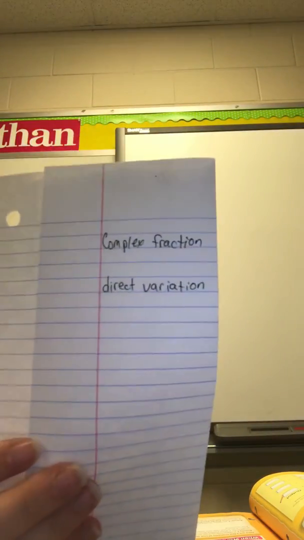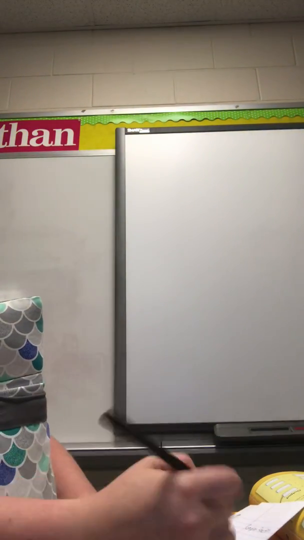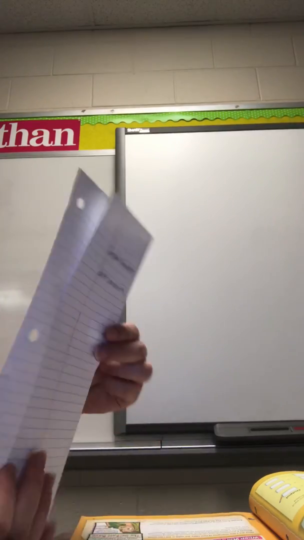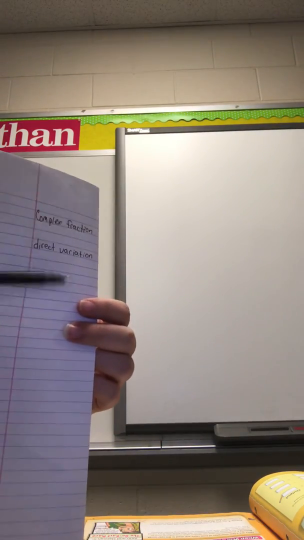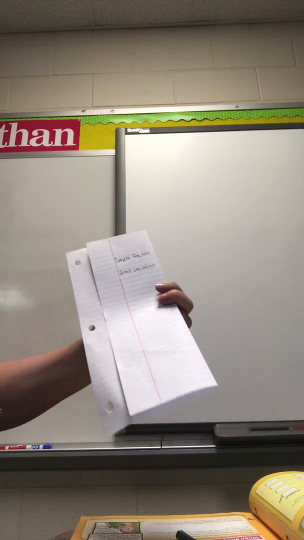Okay. See? It looks like that. You're going to skip 2 lines between each word. Then you're going to cut on the line between those 2, just to the fold.